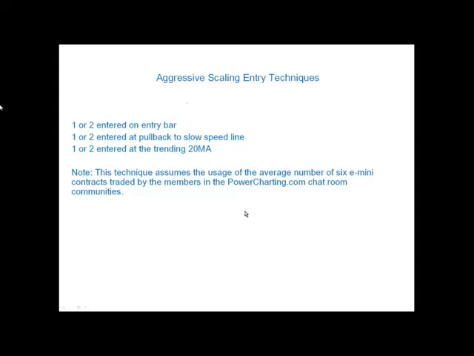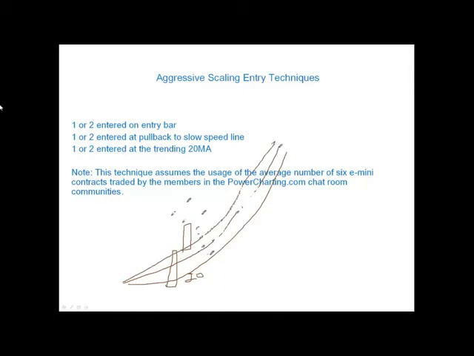And so what we're looking at here is with the scale in, the market comes up. Okay, and let's say this is the 20-period moving average right here, 20 MA. And let's say the speed lines are right through here. That's the slow speed line, and the fast speed line is right there.